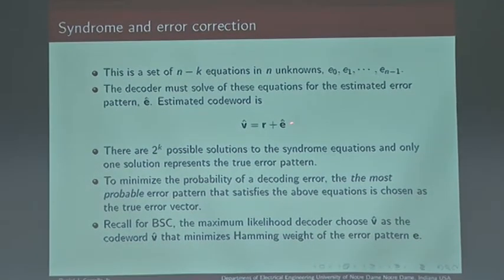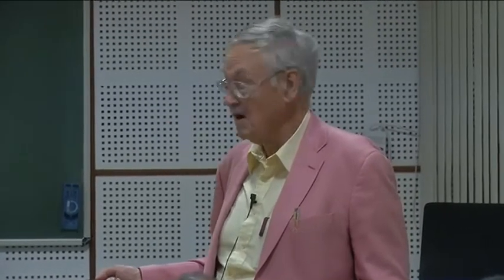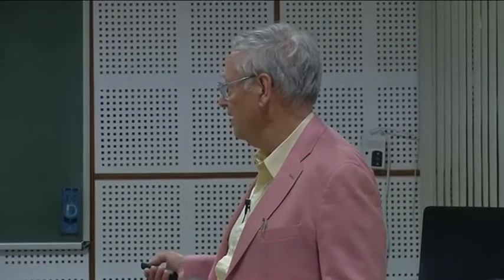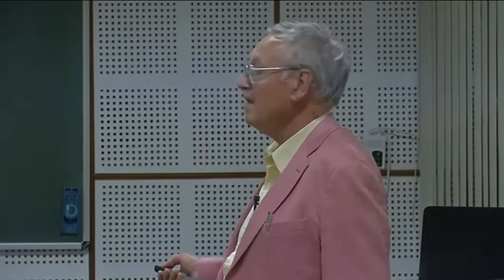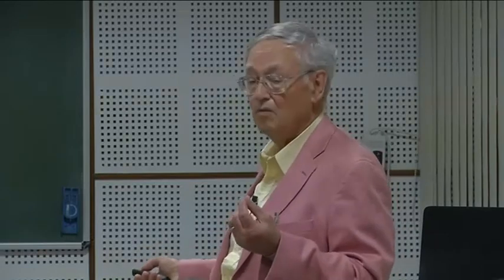So picking out of the 2 to the k possible error patterns which could cause this particular syndrome, we want to select as the most likely, the one that's going to minimize the error probability to be the one with the lowest weight or the fewest number of ones.